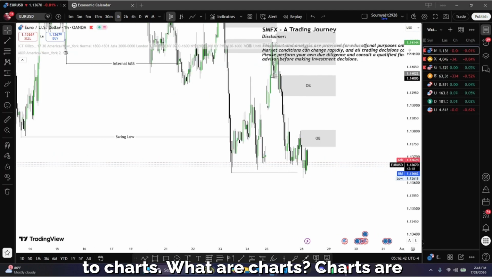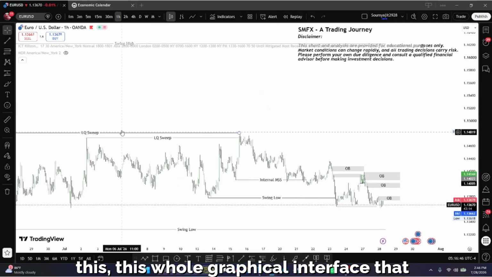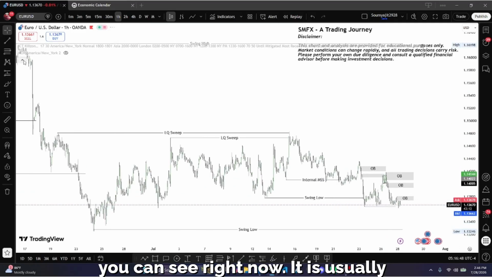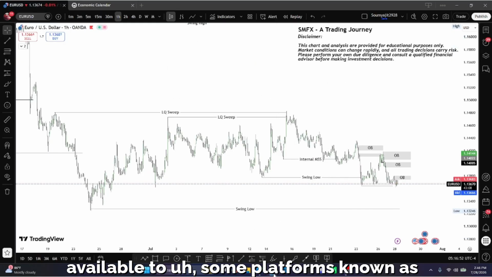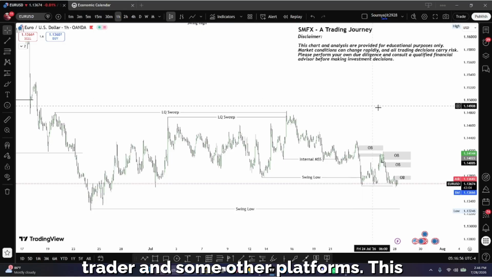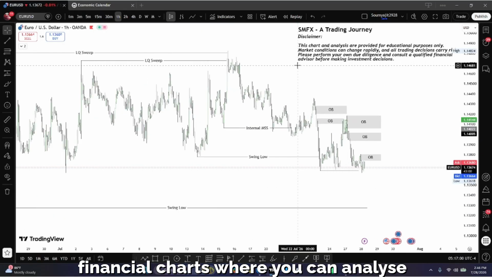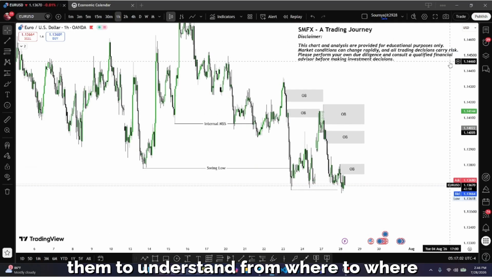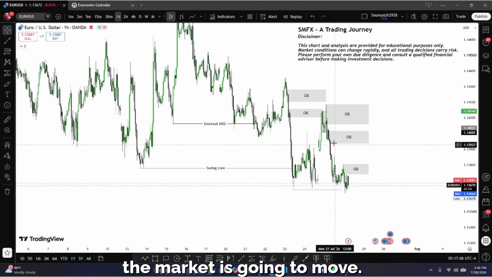Now coming to charts. What are charts? Charts are this whole graphical interface that you can see right now. It is usually available on platforms such as TradingView, cTrader, MetaTrader, and some others. These platforms give you access to financial charts where you can analyze them to understand where the market is going to move.